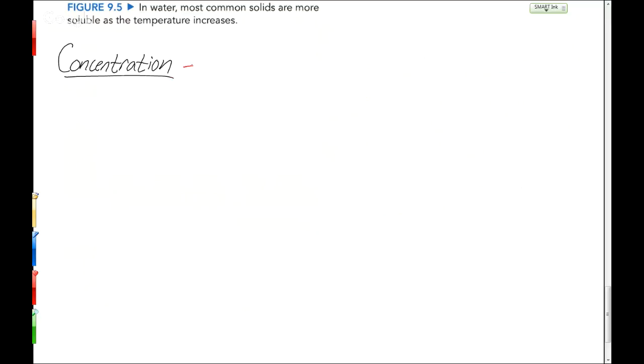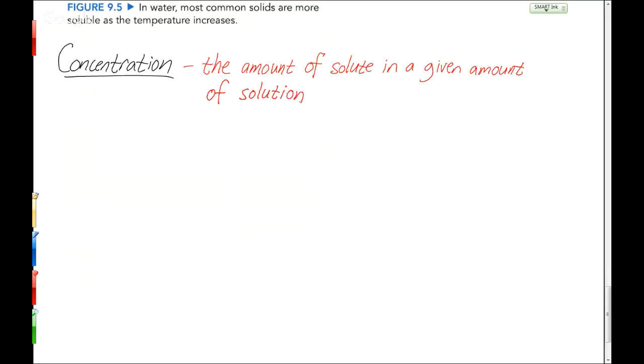That's what we need a concentration for. So the concentration is the amount of solute in a given amount of solution. So that gives us kind of a fraction like this.